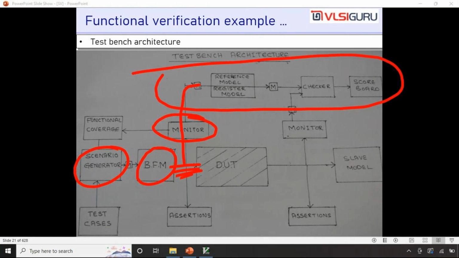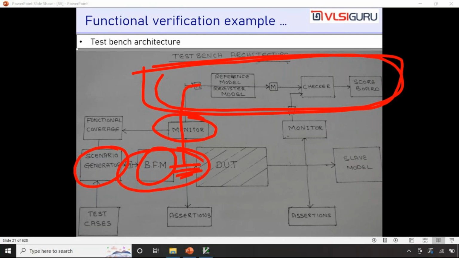In C++, do you know classes? Class packet, class person, class employee, like that you might have done some basic programming in C++. So it goes to the class level. It won't be individual signal level anymore. It will become transaction level.